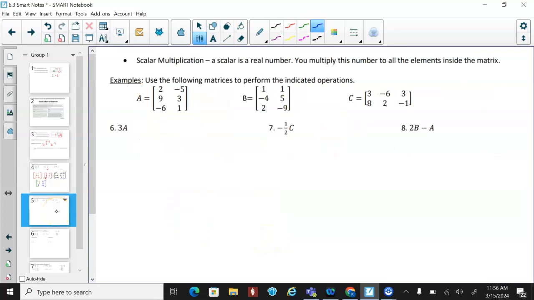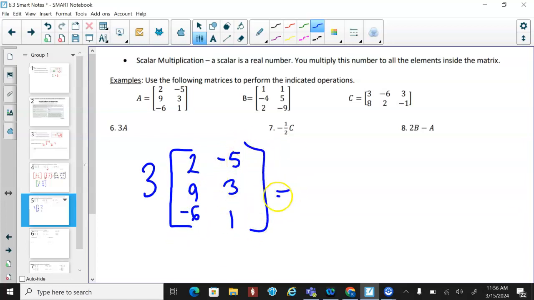All right, next question. So here we are going to multiply a constant times a matrix, okay? So we got a 3 in the front of the A, all right? So all we're doing is distributing to every single item inside that matrix, okay? All right, so again, I am distributing the 3 and multiplying every one of them, okay?